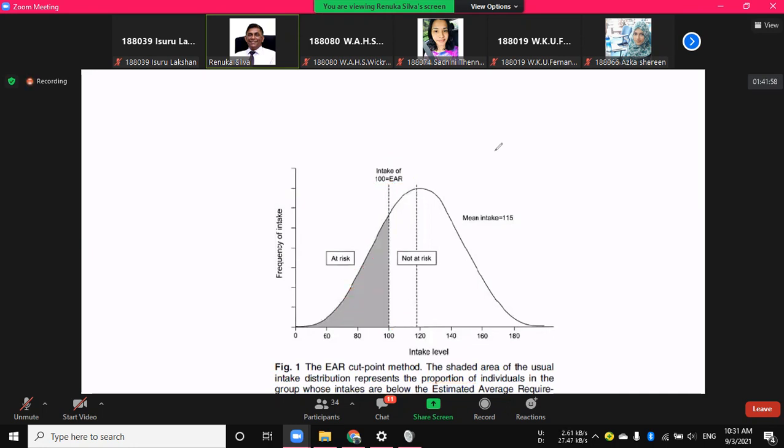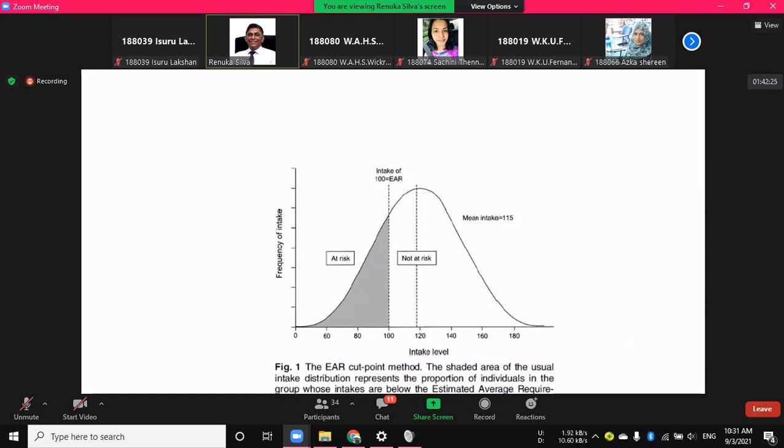That must be clear. If this is not clear, please ask now. We said this group is at risk and this group is not at risk. This is what we call the EAR cut point method.